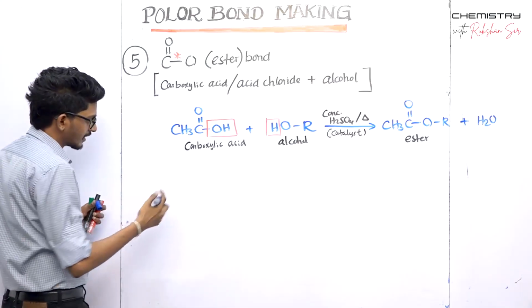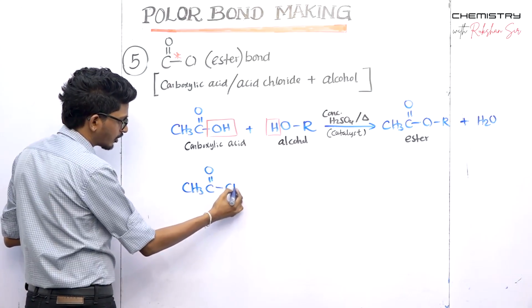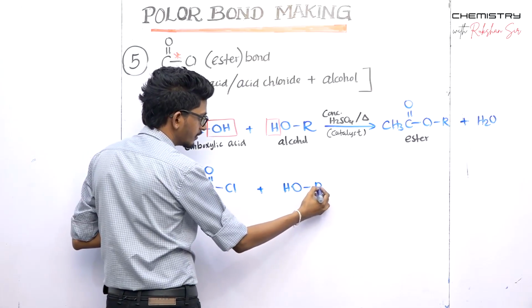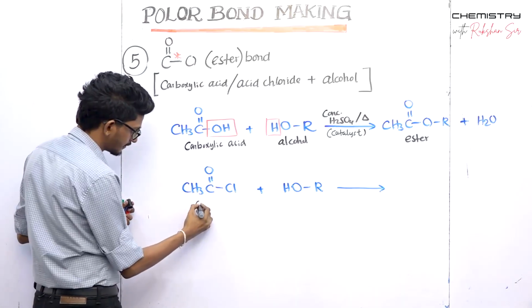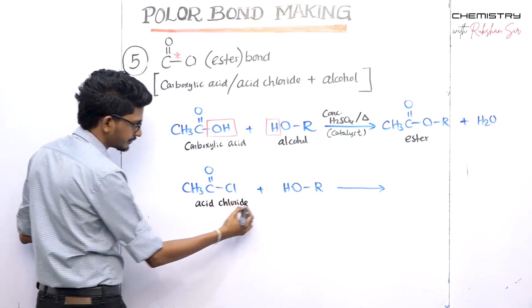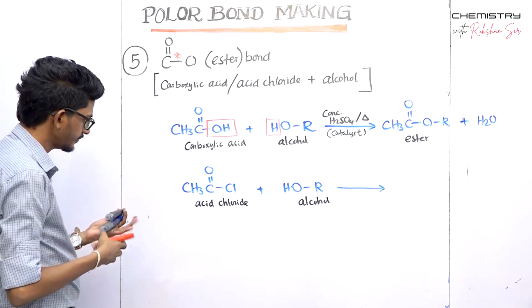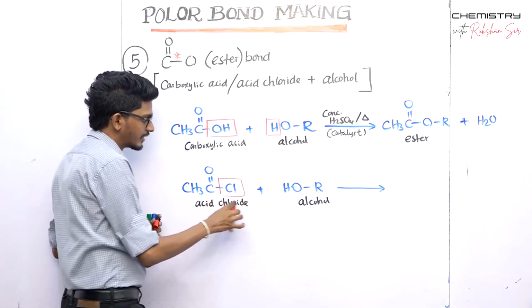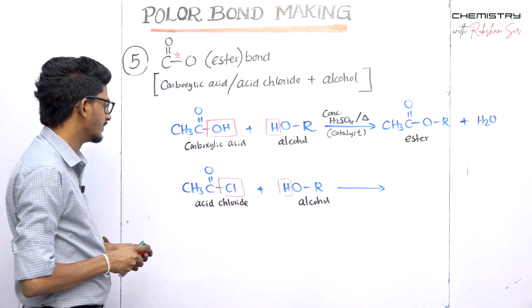But if you are going with the acid chloride to make your ester with your alcohol, then even without a catalyst, this Cl and one of the H from here will leave.